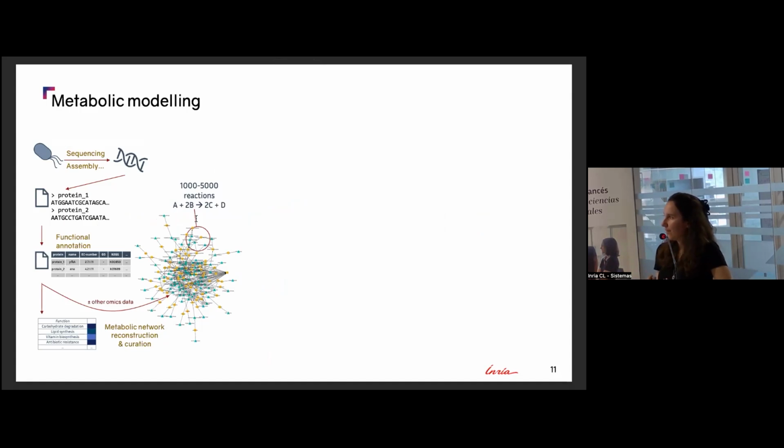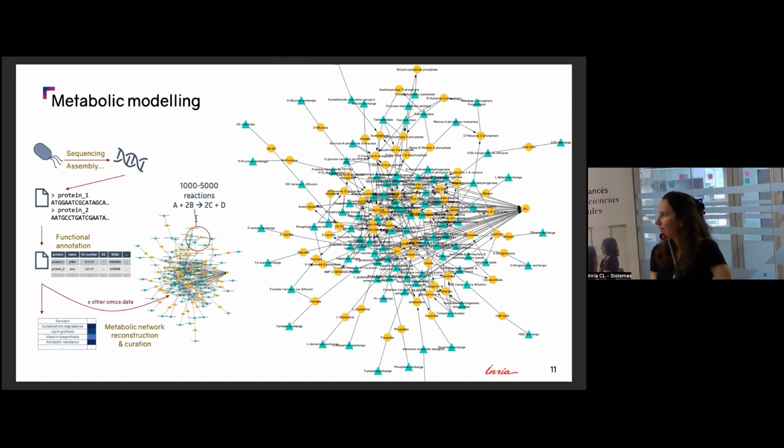That starts with the genomic sequences, the DNA of any organism, from which we identify genes, proteins. We tag functions on these genes, and we use them to build what we call the metabolic network. So that is a metabolic network.